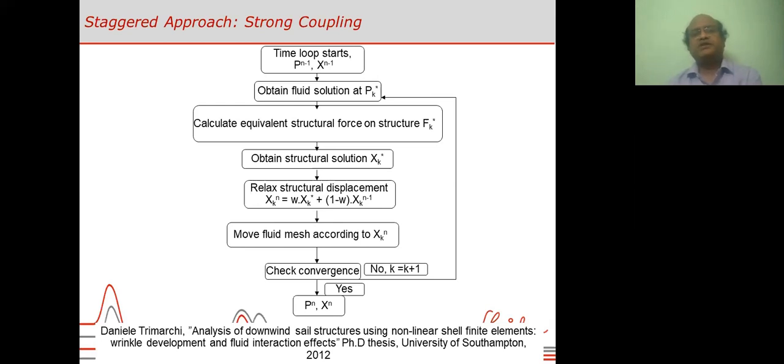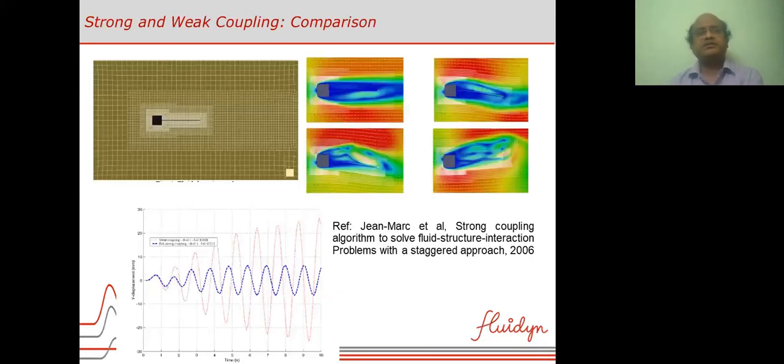For example, in many cases it was found that an implicit method, a strong coupling, is essential to obtain the correct results. We can see the difference in the results between explicit and implicit.